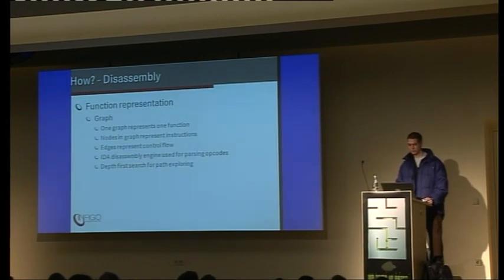Edges represent control flow, and it's either a disassembly engine used for parsing code. This proved to be somewhat not exactly the optimal solution, but I'll discuss later some troubles associated with this. And depth first search is used to explore all the possible disassembly views of code.